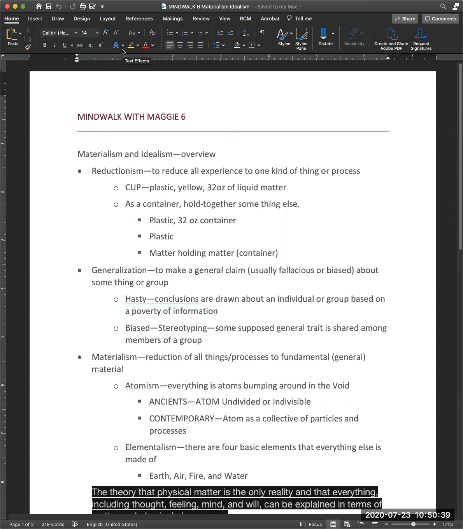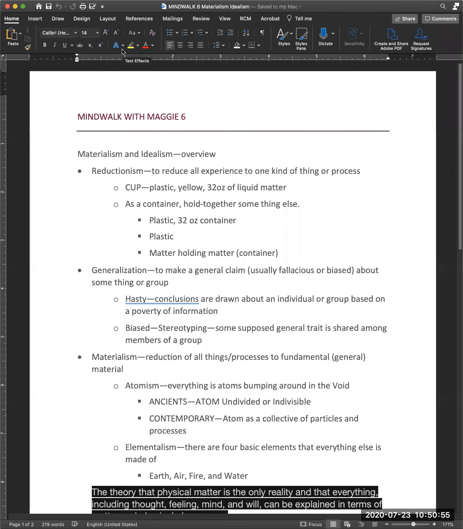So reduction and generalization both have their own very important part to play in doing any kind of thoughtful analysis of events and experiences.